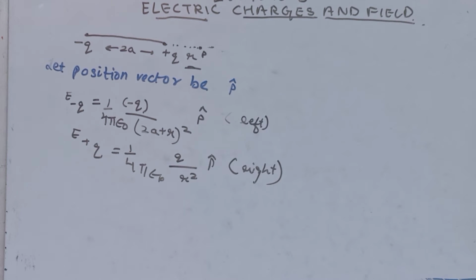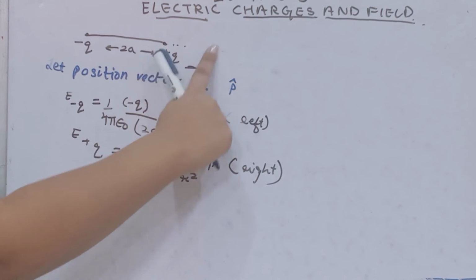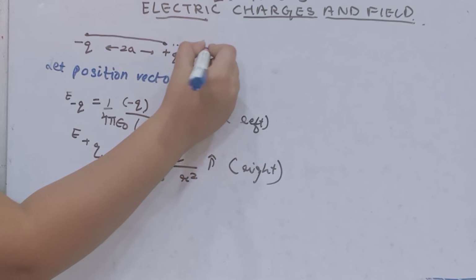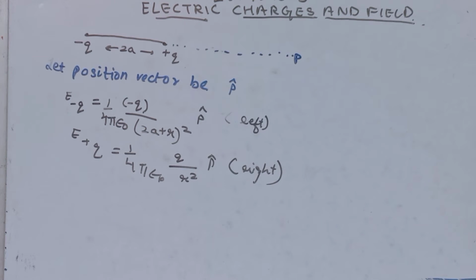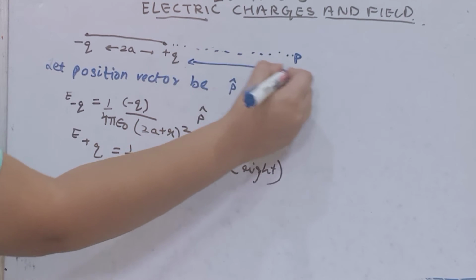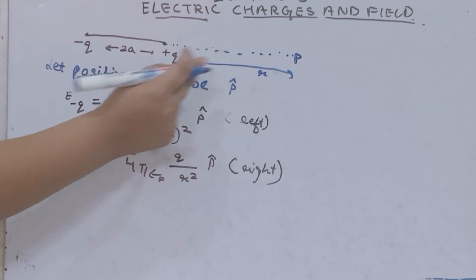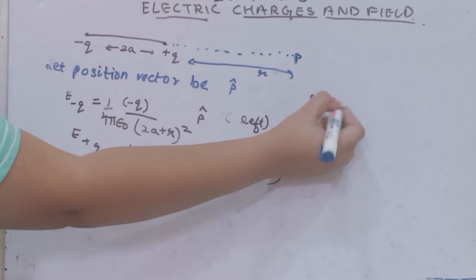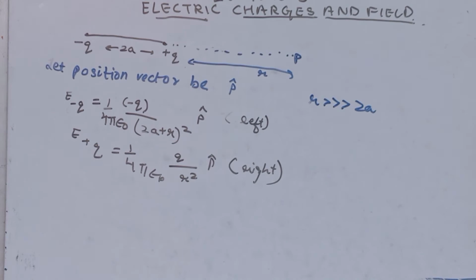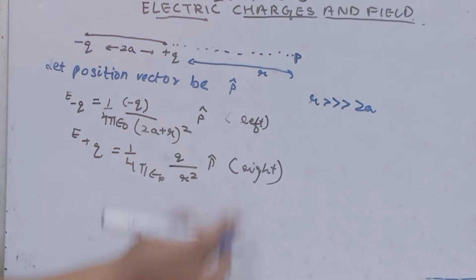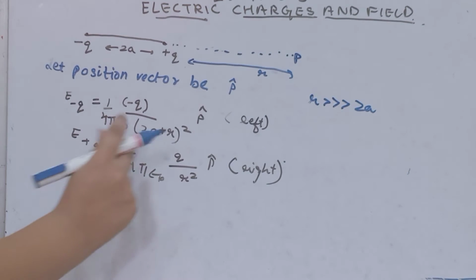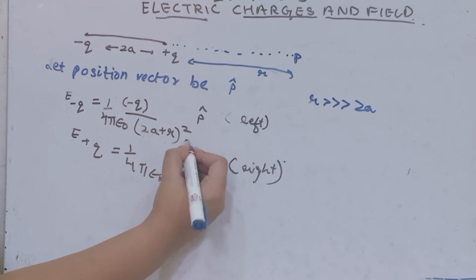Now assume that we have to find the electric field at a point P which is at a very large distance, that means if this is the distance r, then in this case r is very, very greater than 2a. Fine. So that means 2a can be neglected.